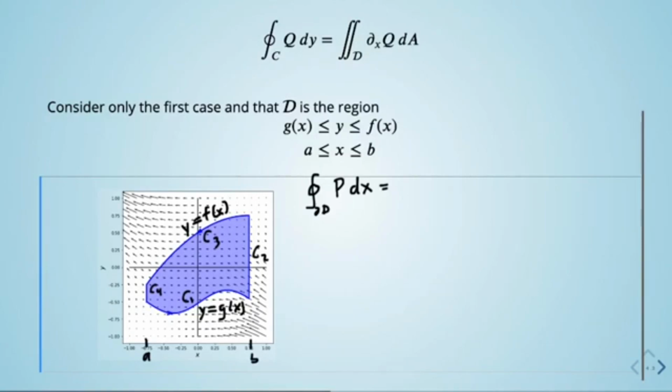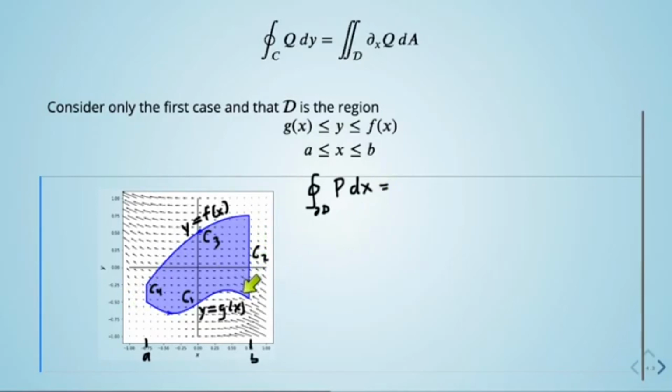Now, immediately, even before I write them out, I hope you see that 2 of those integrals are going to be 0, right? Without knowing anything about P here, C2 and C4 are vertical pieces of our curve, right? And so, in other words, x is constant along here. It's not changing.